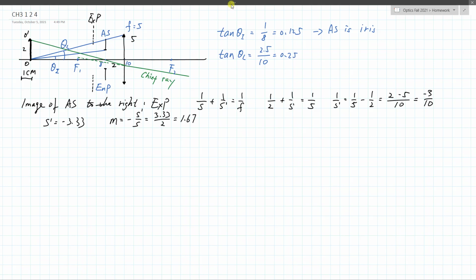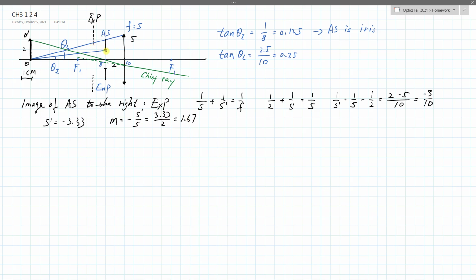And then the extreme rays are the marginal rays that just glance through the edges. I'll draw one of them, the top one, for example. First, this object's image is that edge, not the other edge, because the magnification here is positive, so you have an upright image.